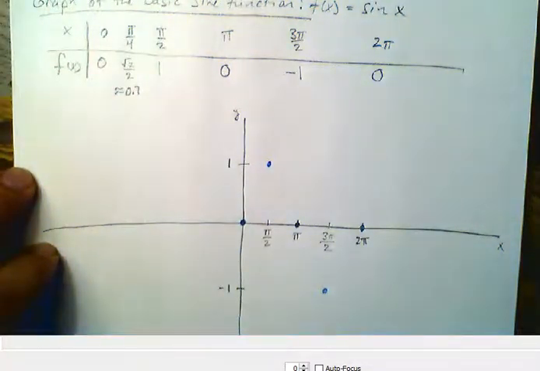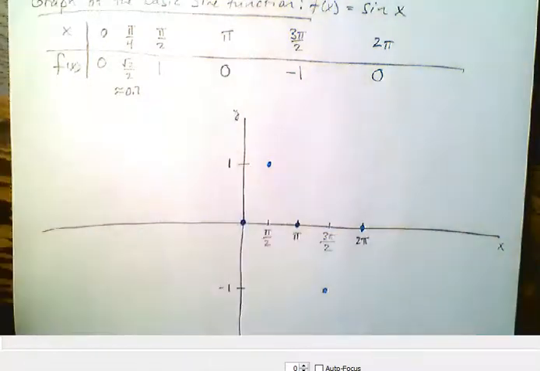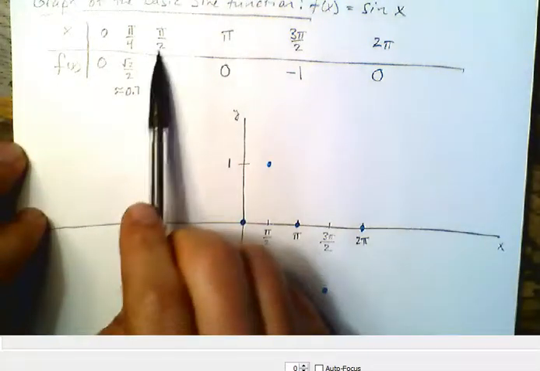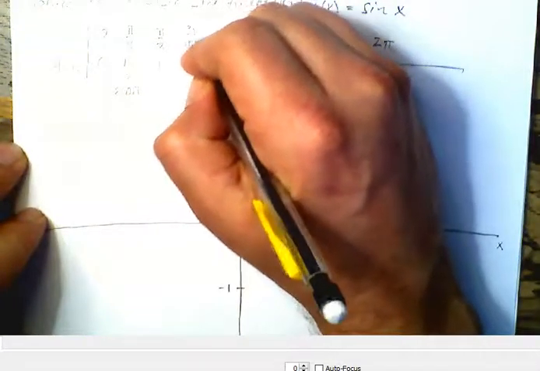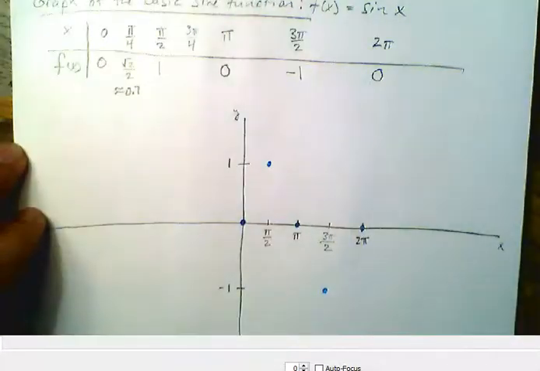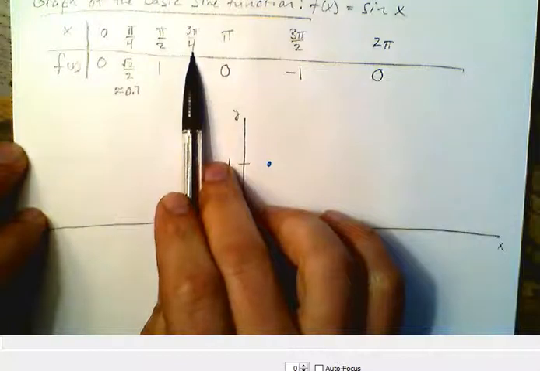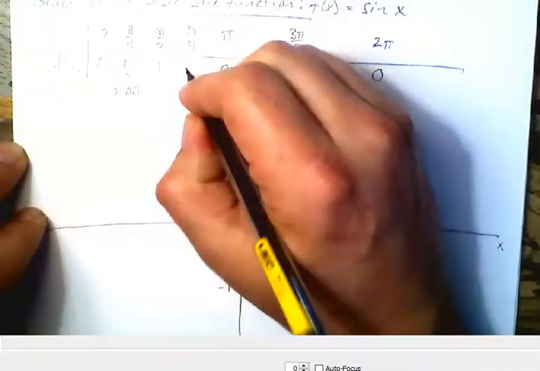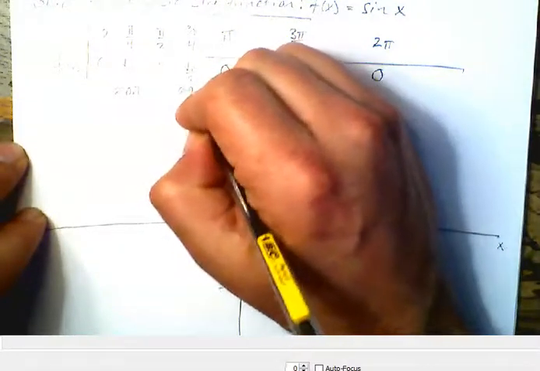Okay? I'm going to fill in a value in between pi over 2 and pi now. The pi over 4 angle between pi over 2 and pi is 3 pi over 4. It just so happens that the sine at 3 pi over 4, that y-coordinate of the point on the unit circle, is also the square root of 2 over 2, or approximately 0.7.